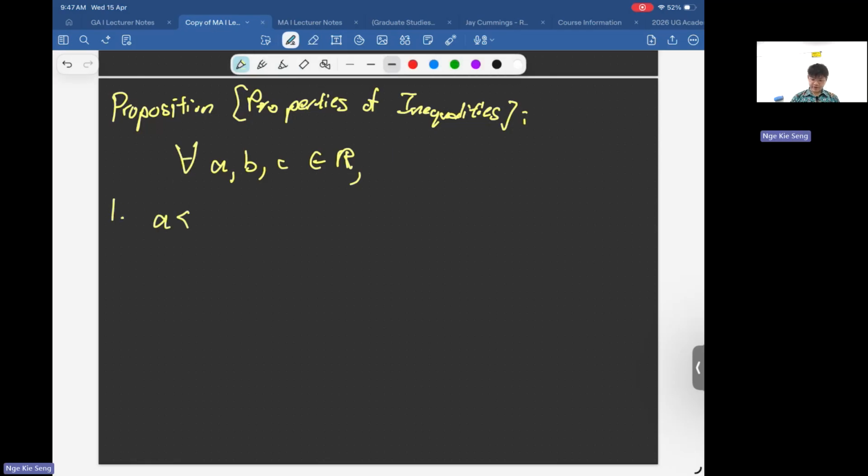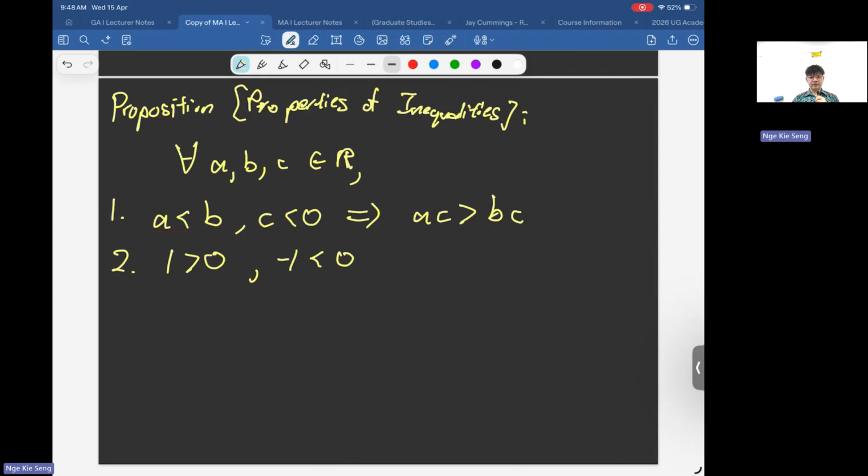First, if A is less than B and C is less than 0, then AC is greater than BC. This is the swapping property when you multiply by a negative number. If 1 is greater than 0, then negative 1 is less than 0. I think we saw this one already, but you should try and prove it.